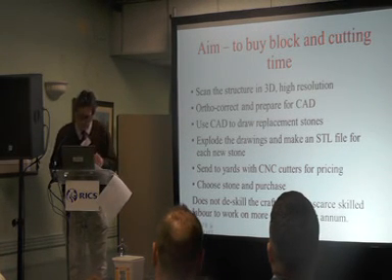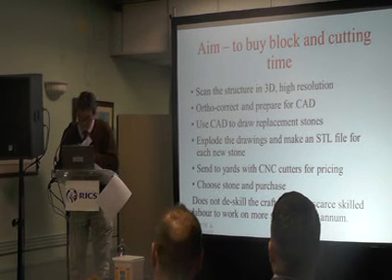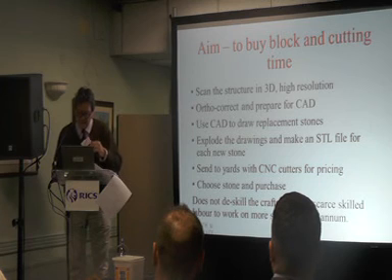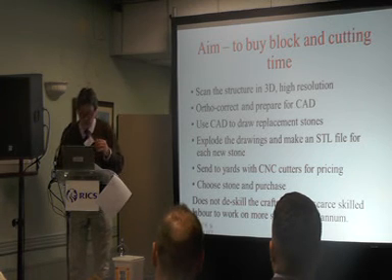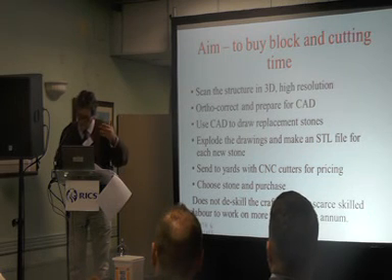So what we aim to do is buy block and cutting time. We're not interested in paying bench masons. We love bench masons, but not for this. So we scan the structure in 3D, very high resolution. We auto-correct and prepare it for CAD. We use CAD to draw the replacement stones. We code, in fact, yellow for repaired stones and blue for new stones.